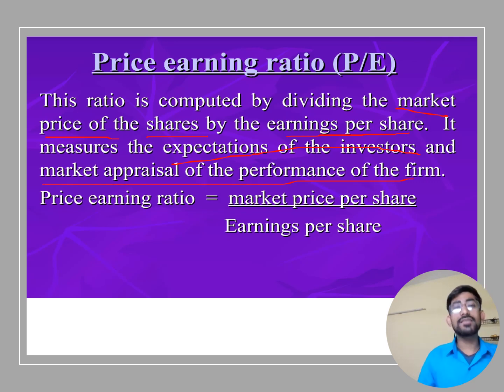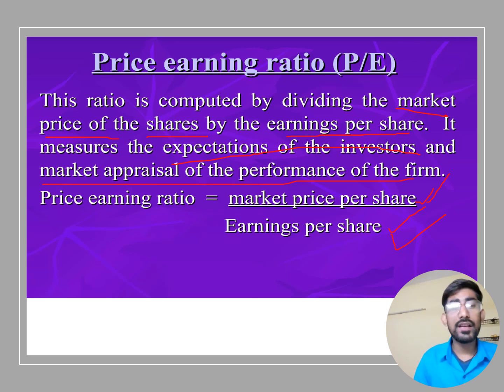That means price earning ratio is equal to market price per share divided by earning per share. When an investor is investing in a particular firm, what is the current market price of that firm, and what is its earning per share.